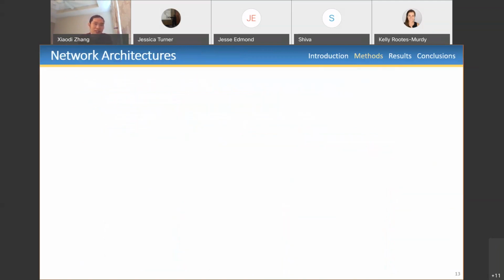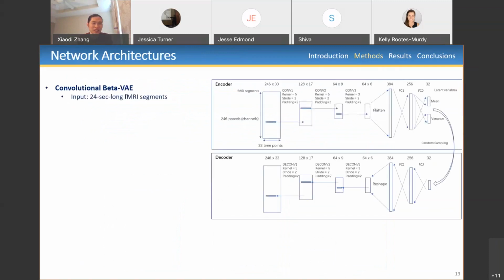So here is, I guess, the actual network architecture that we used. We trained a convolutional beta VAE, and the input data is actually a short segment of fMRI signal.